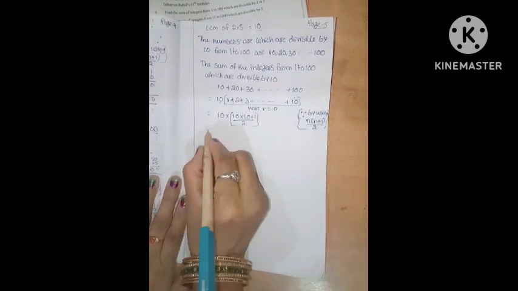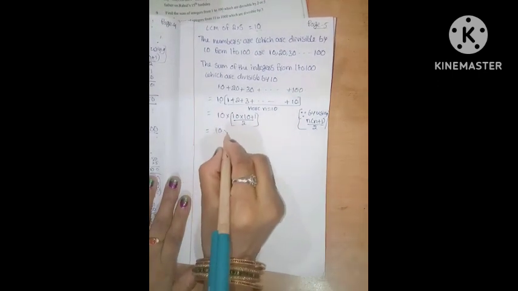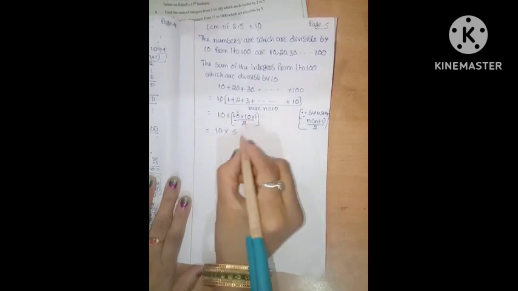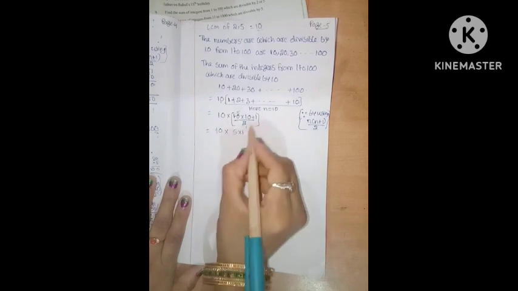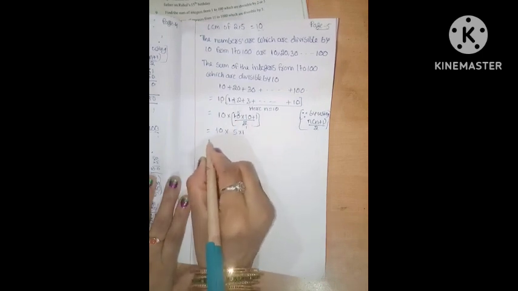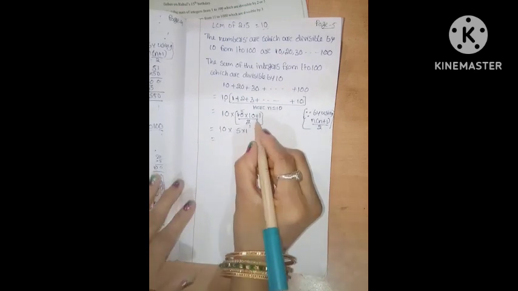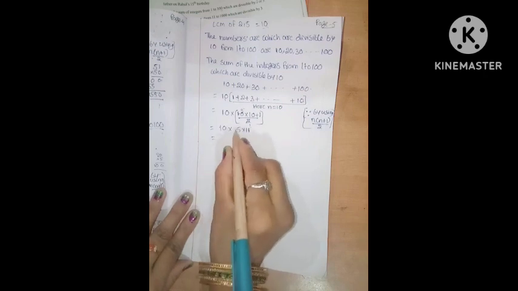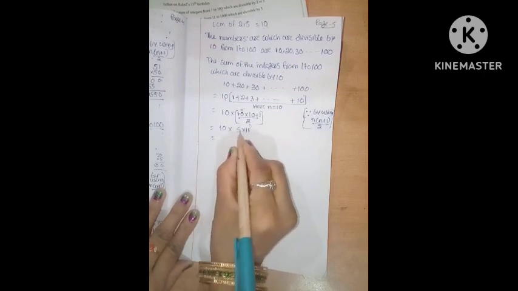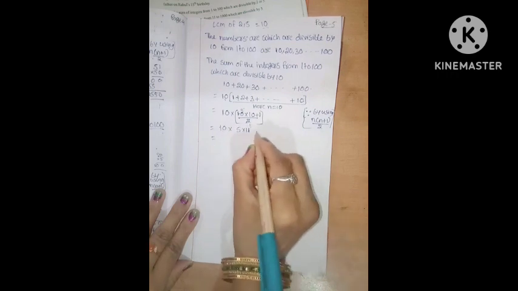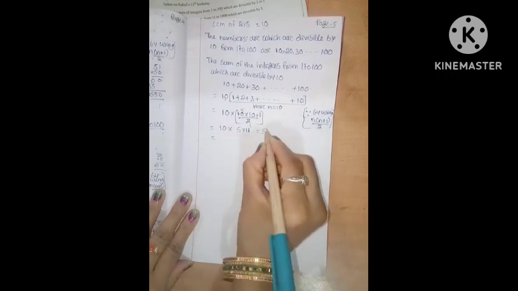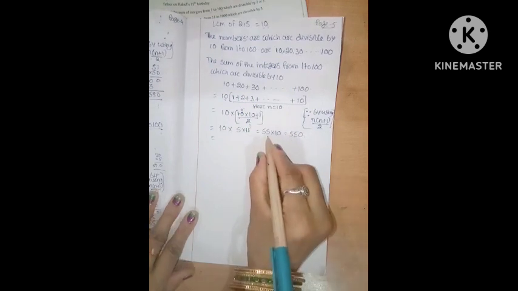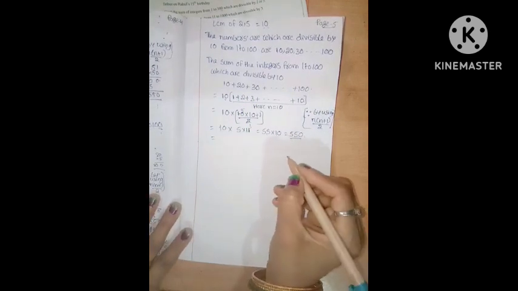This is the bracket term. Next, 10 into, simplify: 2 ones are 2, 2 fives are 10. So 5 into 10 plus 1 is 11. Remove the brackets. So 10 into 11 into 5 is 55, 55 into 10 equals 550. Okay, the multiplication of these two terms gives 550 only.